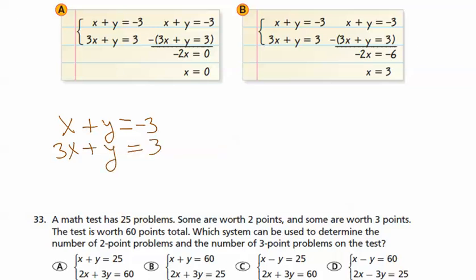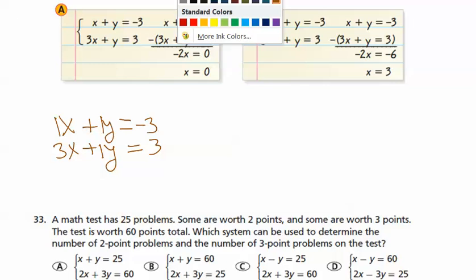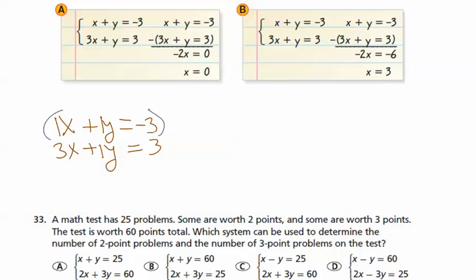If we would just have, instead of 1y and 1y, if one of them would be a negative, then we could have them all set up for elimination. So I'm going to multiply everything on the top by -1, which would give me -1x minus 1y equals -1 times -3 is a +3.